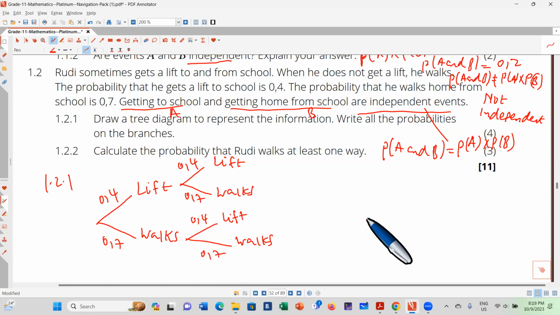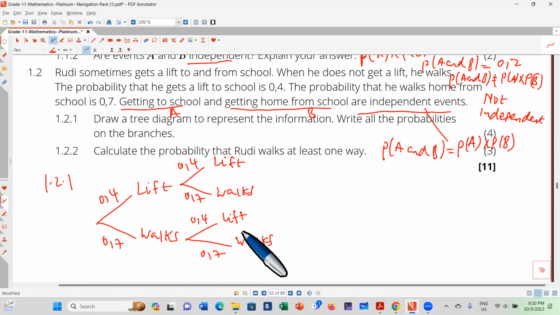So in other words, when Rudy is going to school, either he takes a lift or he walks on the way to school, and on the way back he either gets a lift or he walks. That's why there are two levels: to school and back home from school. That's why we have this kind of tree diagram.